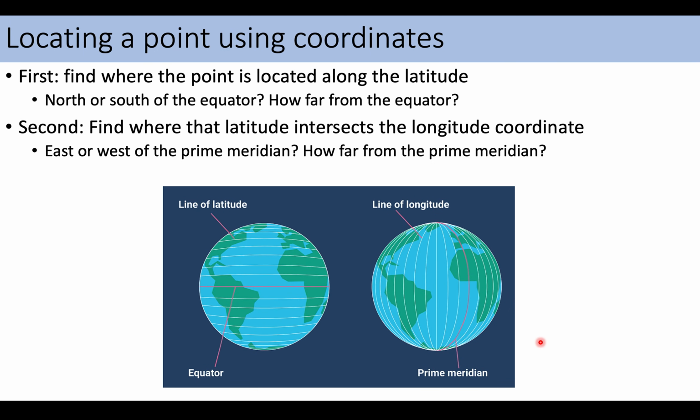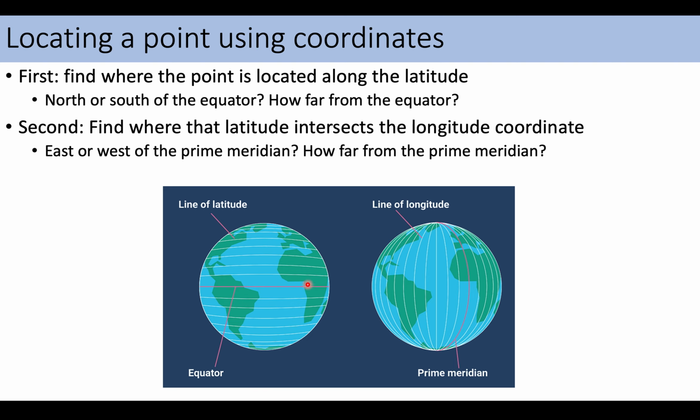So how do we actually locate a point using these coordinates? If I give you a coordinate, how do you find it? The first step is to find the latitude where that coordinate exists. Are we looking north or south of the equator? And then how far from the equator?